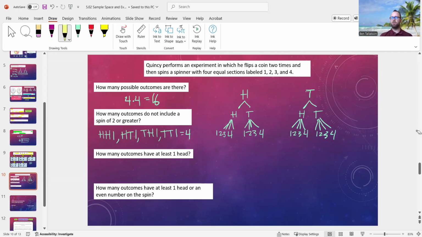So what we're really doing is we're looking at these options, tails and then tails. There were no heads, right? When he flipped the coin, no heads there. So what did we have? We had a total of 16 possible outcomes, and we're going to subtract however many don't have a heads, which is 4, so 12.